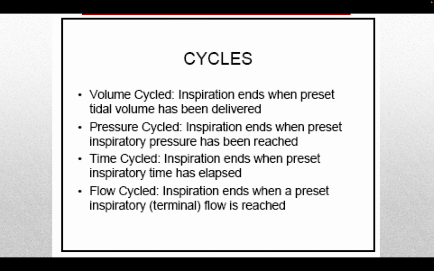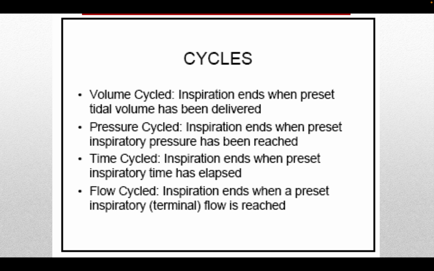Now there are 4 types of cycling, or 4 types of cycled ventilators. So what is volume cycled? It is the one where inspiration ends when the preset tidal volume has been delivered. Pressure cycled is the one where inspiration ends when the preset inspiratory pressure has been reached.